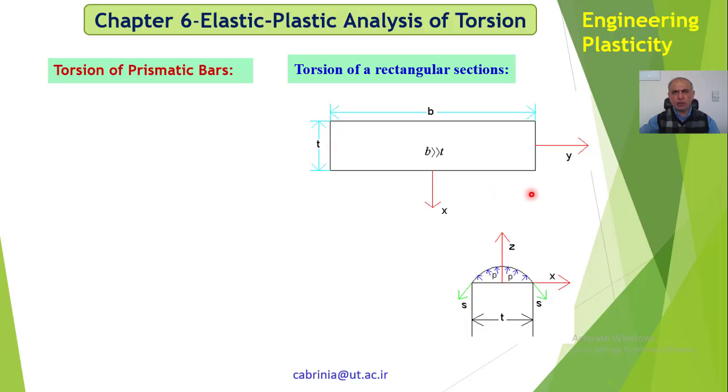We couldn't solve the rectangular section before with the ordinary method which we gave you, the St. Venant semi-inverse principle. We also couldn't solve it with other methods, but we can solve it with this membrane analogy.